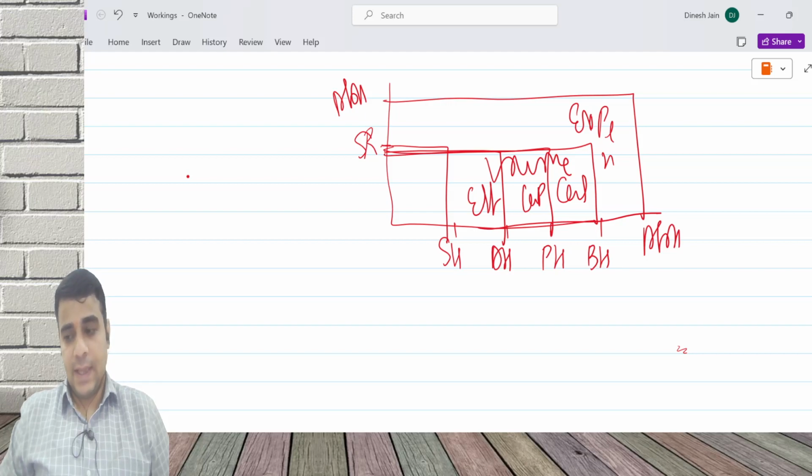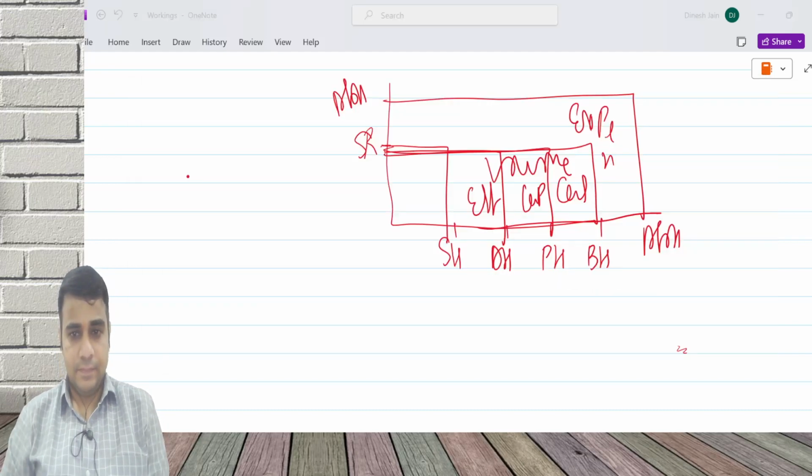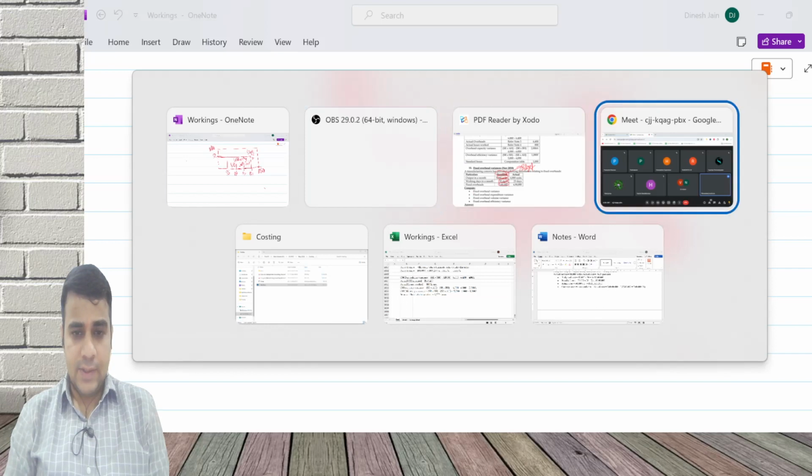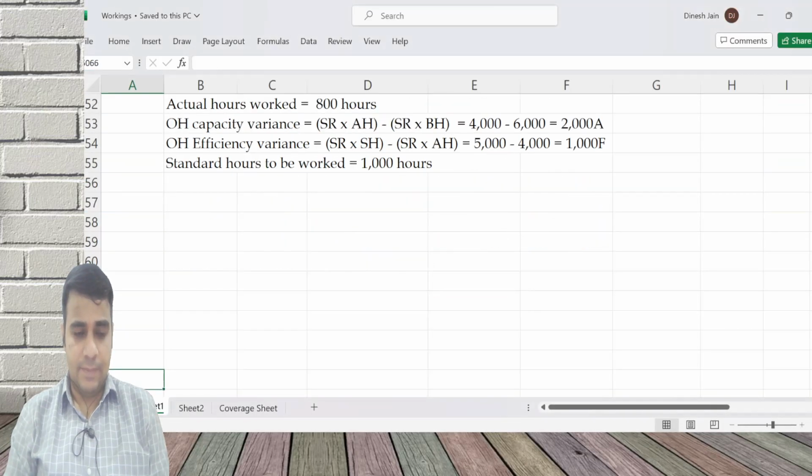Efficiency, capacity, calendar. Let's start with the computation table.